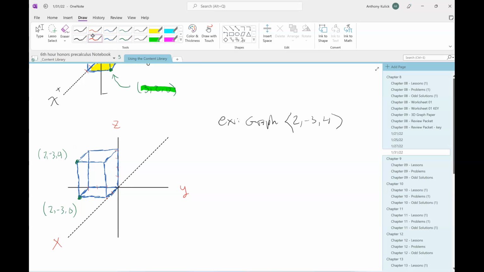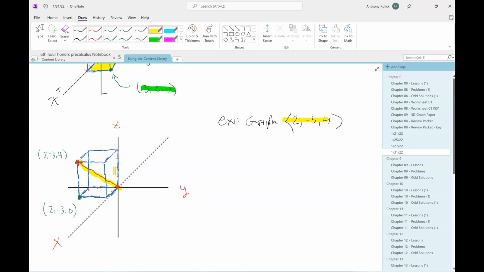But I want the vector, so the component form vector starts at the origin, and then its head is at the point 2, -3, 4. So my vector then is the piece in red that I've drawn there.